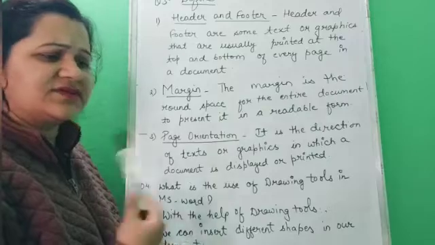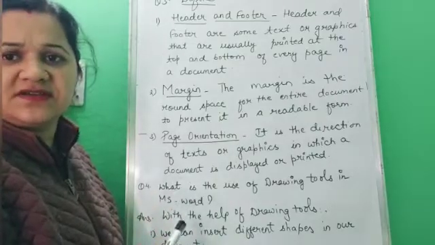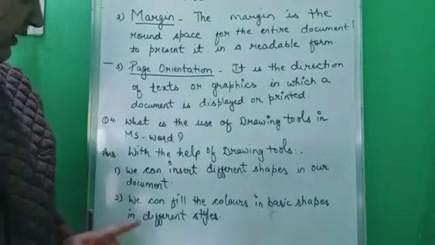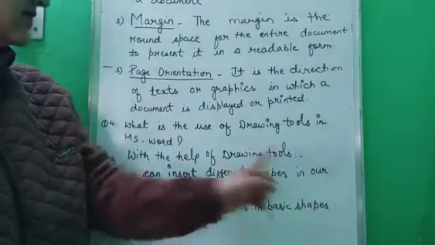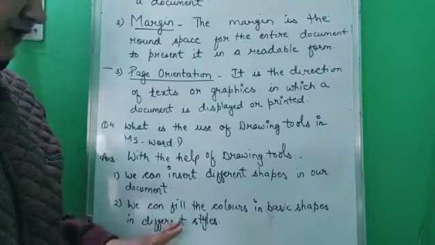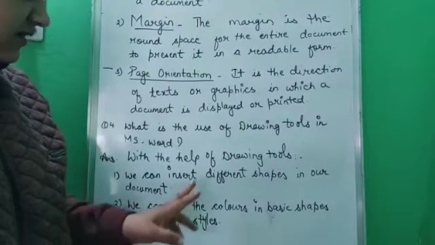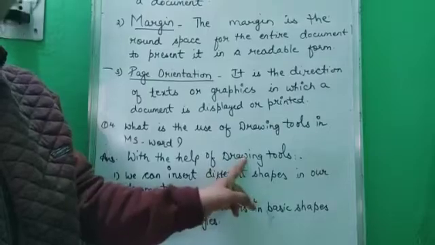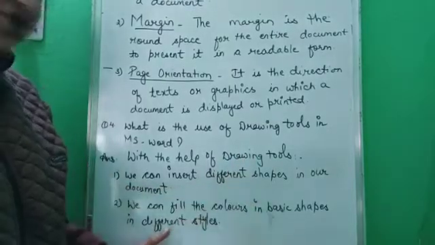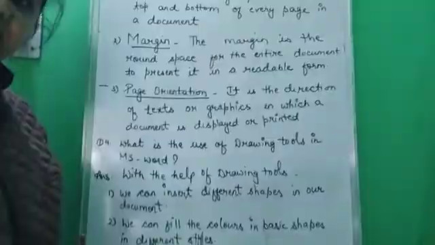Ovals, squares, different shapes we can insert. Point number 2: we can fill the colors in basic shapes in different styles. We can draw the shapes and also fill the colors with the help of drawing tools.